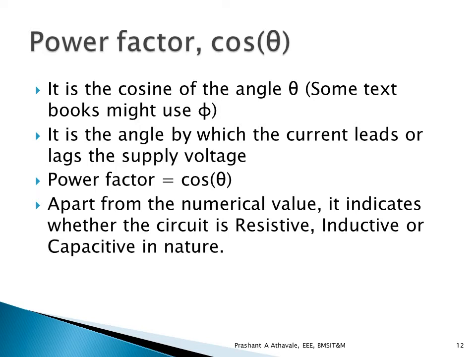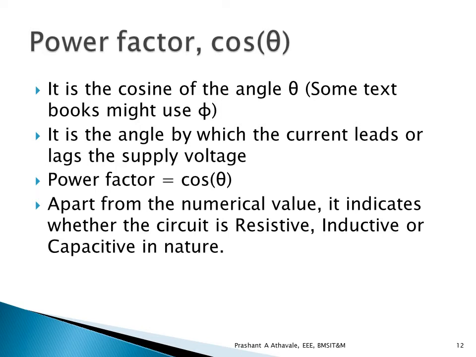In either case, the cosine of the angle will be the same. But how do I differentiate between leading and lagging? Apart from the numerical value of the power factor, there is one more word to be added, that is leading or lagging. That will complete the power factor.